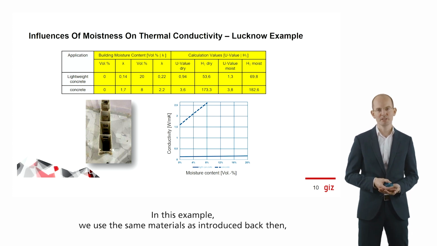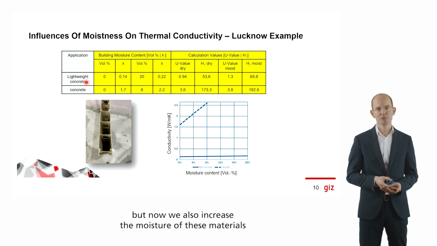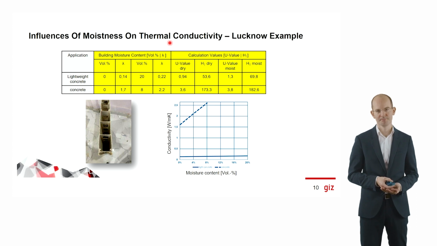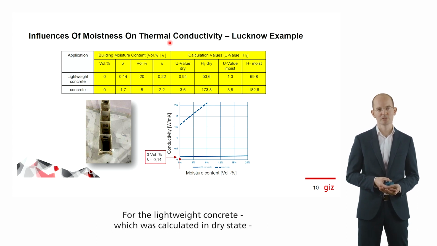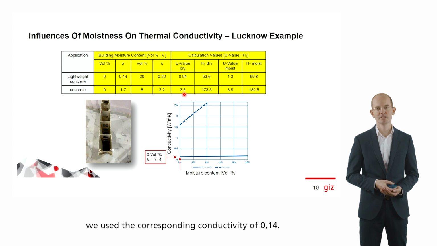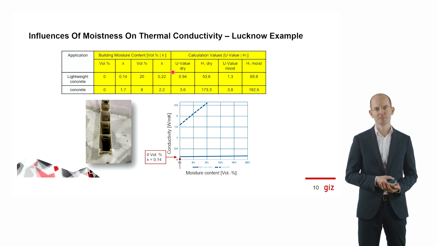In this example, we use the same materials as introduced back then. But now we also increase the moisture of these materials according to the calculated moisture content resulting from the climate in LUCKNOW. For the lightweight concrete, which was calculated in dry state, we use the corresponding conductivity of 0.14.